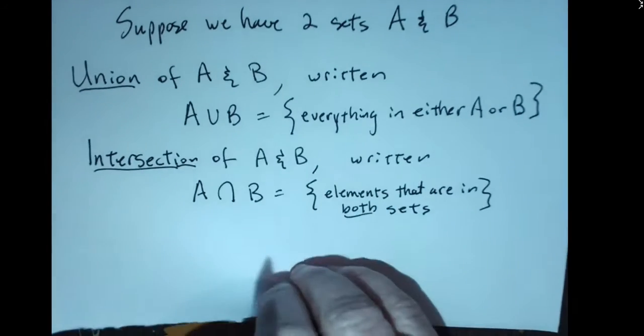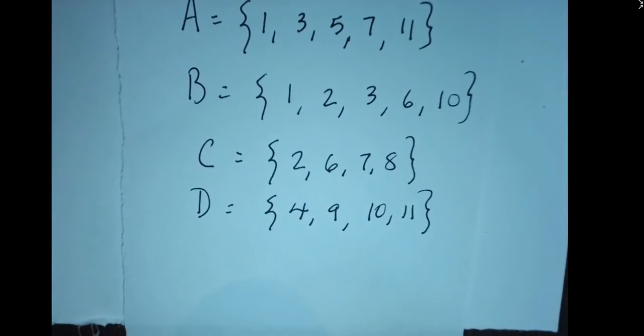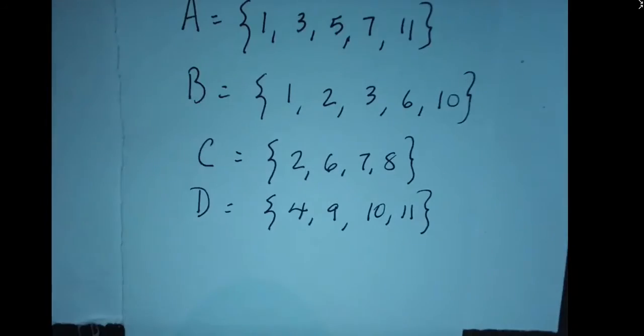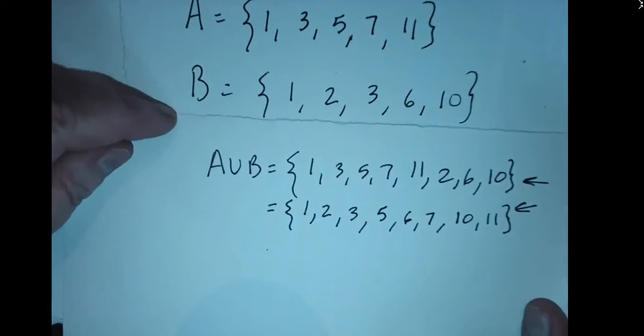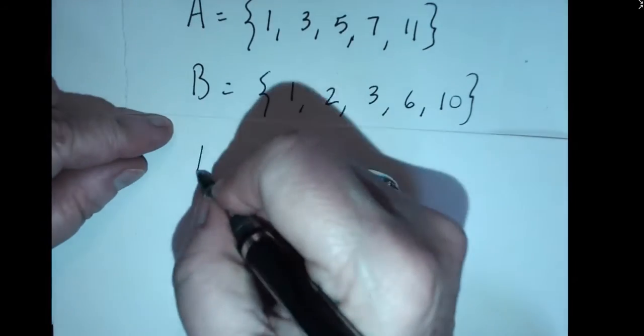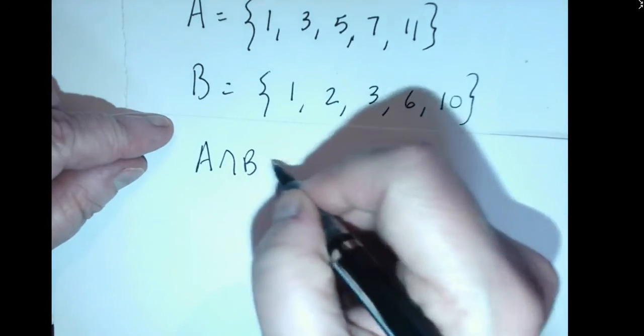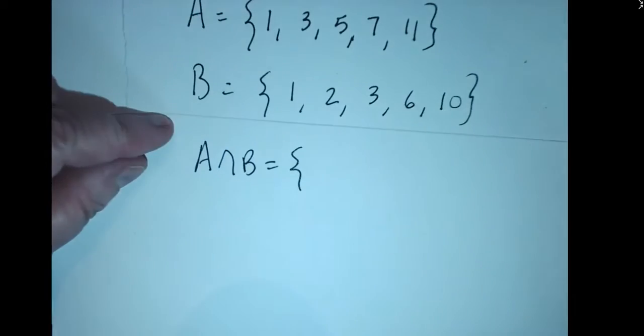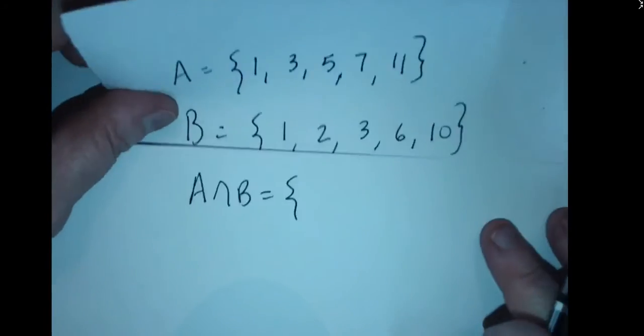Okay. So if I go back to this example that I had here, and I want to know what the intersection of A and B is. Again, you just have to go through one set.